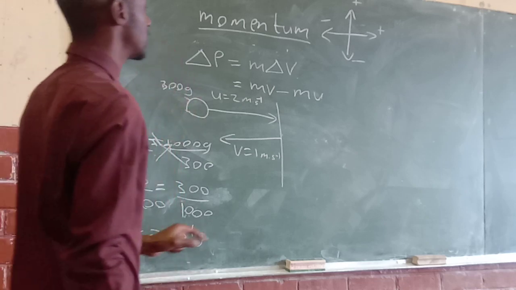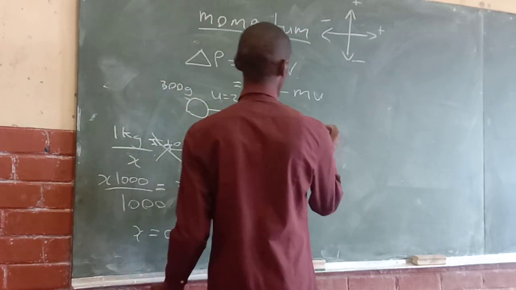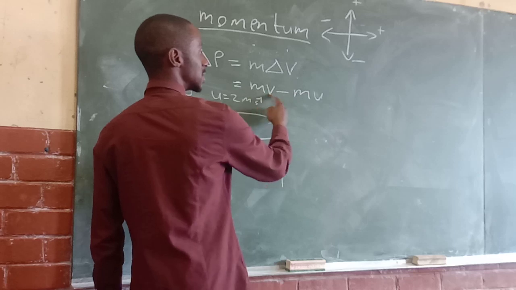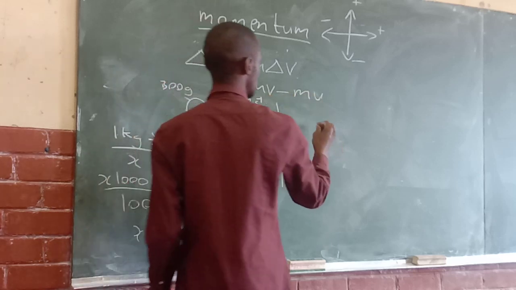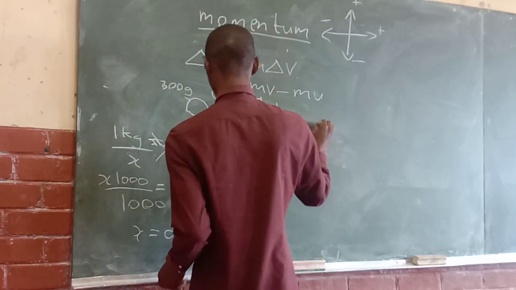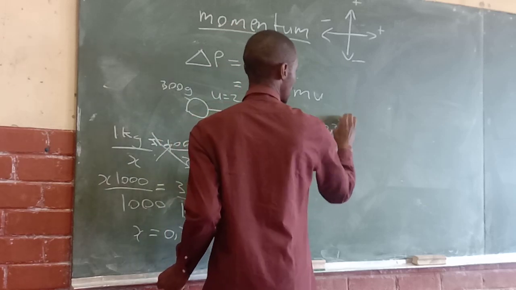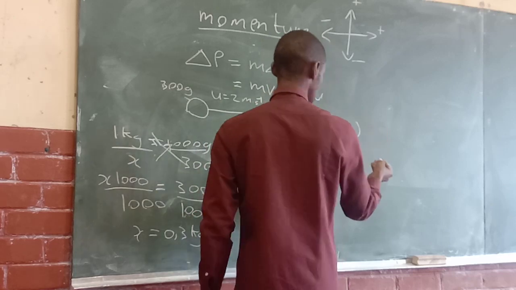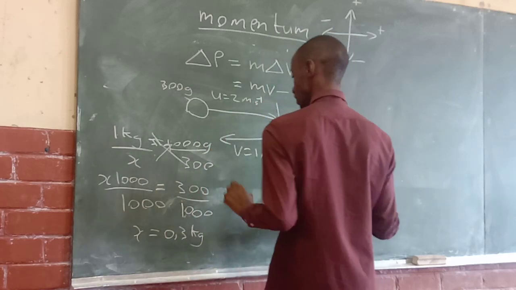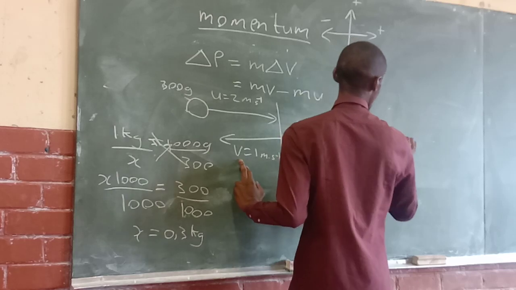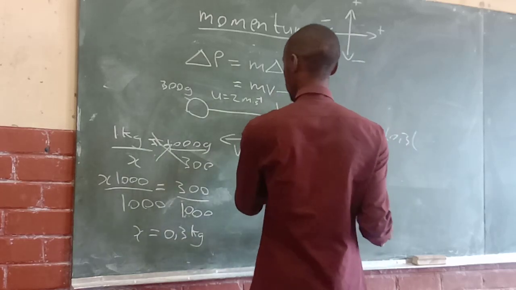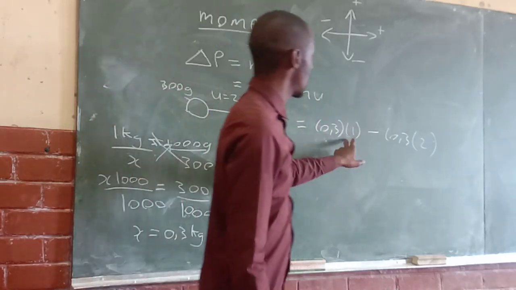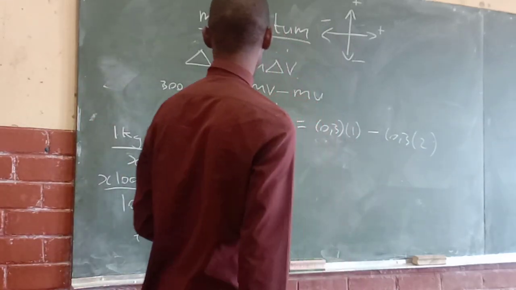So since I've converted my units, I can now go straight to my equation. So you saw that it's mass times velocity minus mass times initial velocity. So I'll continue writing here. So 0,3 times my final velocity, which was 1, right? Minus mass, also 0,3, times initial velocity, which was 2. Right. So now I have to check if my velocity is written properly by looking at the direction.